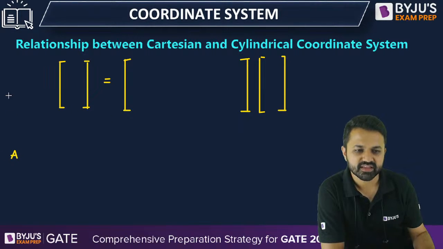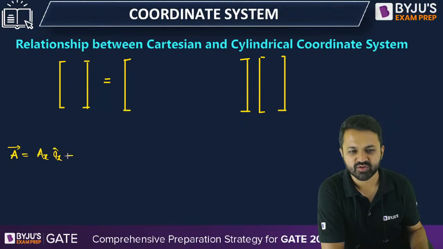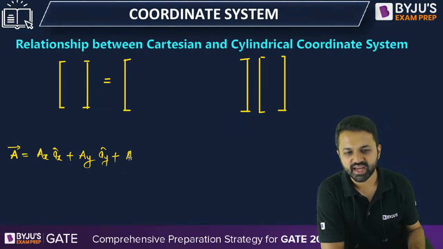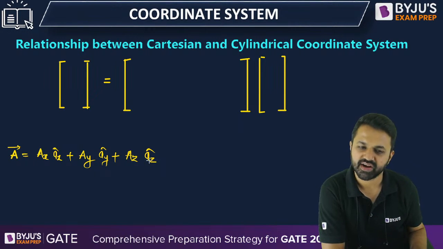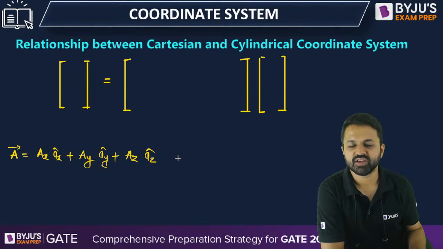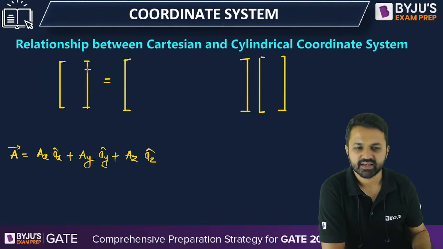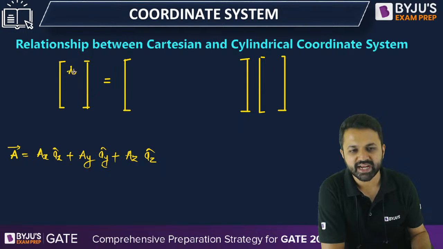To write any vector, you need the x component, and you will multiply with the unit vector. You will need a y component, and you will multiply with the unit vector, and you need a z component, and then you will multiply with the unit vector. Correct? This is the way you will write the vectors. So that means to write any vector, we need these coefficients.